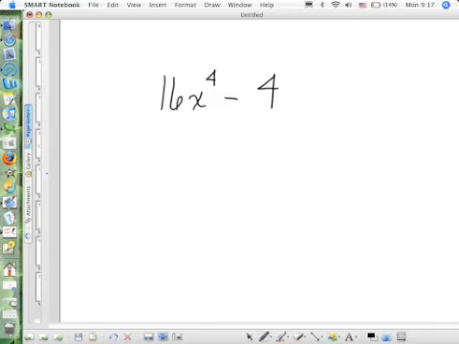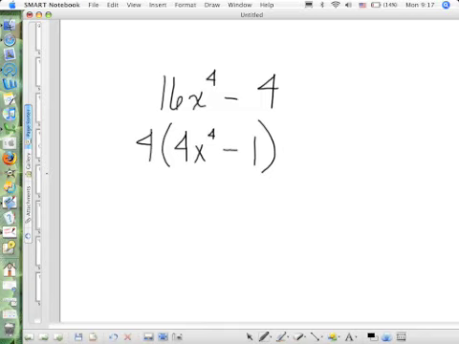Can you take out a greatest common factor? Yeah. They are both perfect squares as they stand, but we're going to have to take that GCF out eventually. So let's do it in the beginning. What is it? 4. Can we keep going?